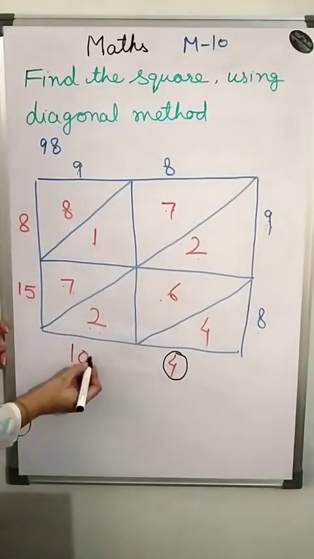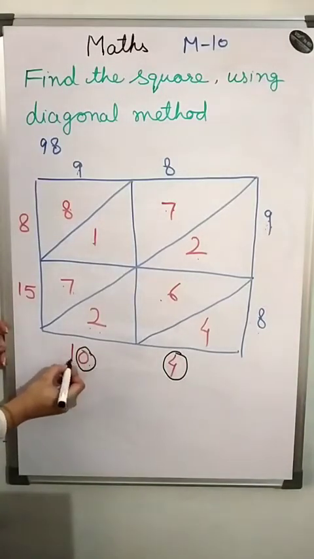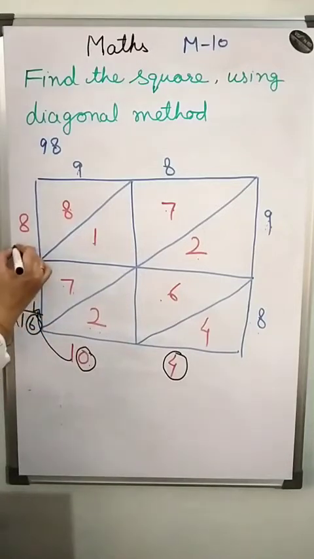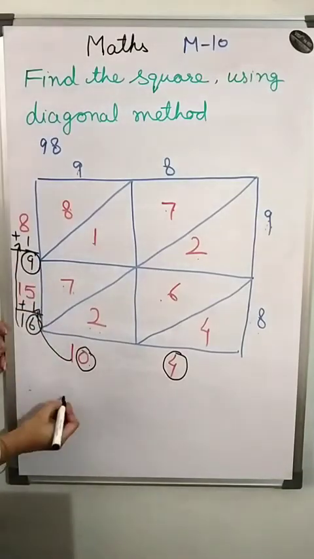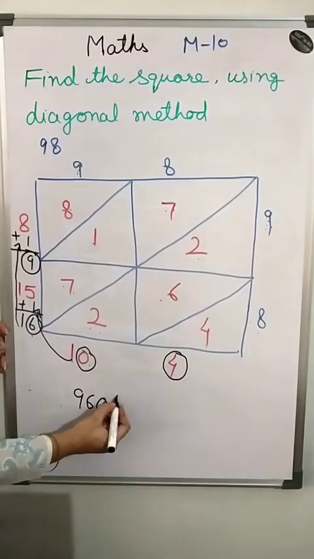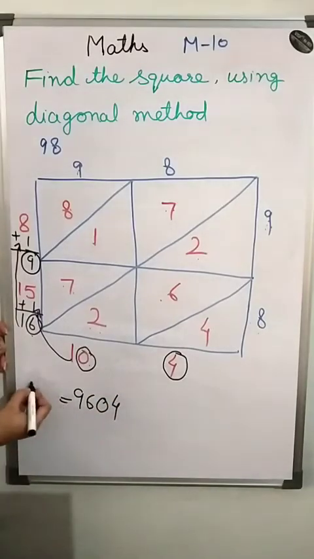It is a double digit number, so mark 0 here and 1 goes here. Now add it. 15 plus 1 is 16. Mark 6 here and this 1 goes here. And it becomes 9. Mark it in a circle. Write the circled numbers: 9, 6, 0 and 4. This is the answer.